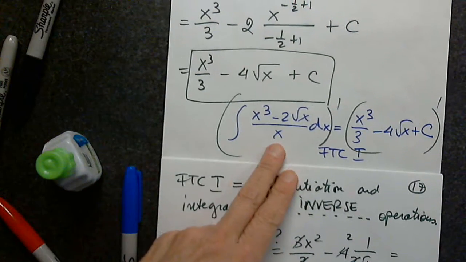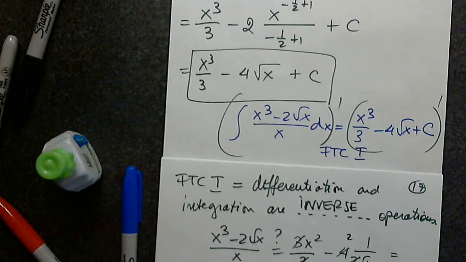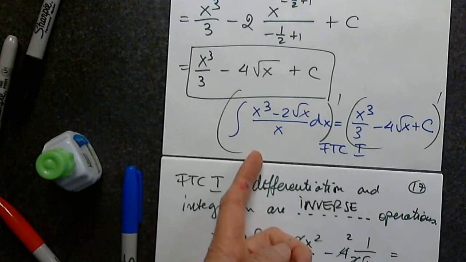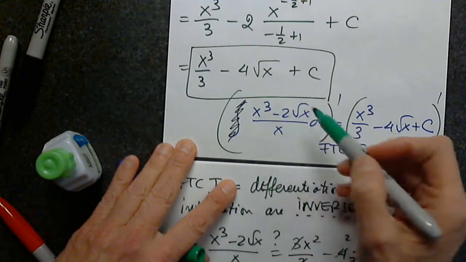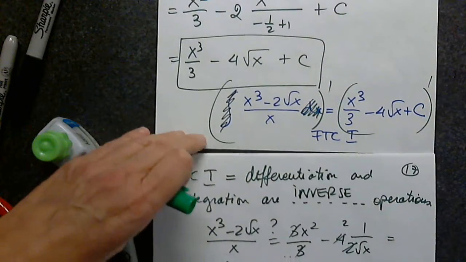So I copied the initial integral, and I copied our answer. And I said, okay, how do I check? We differentiate both sides. But what happens on this side, when I differentiate the integral, this piece and this piece go away. So I get the function back.